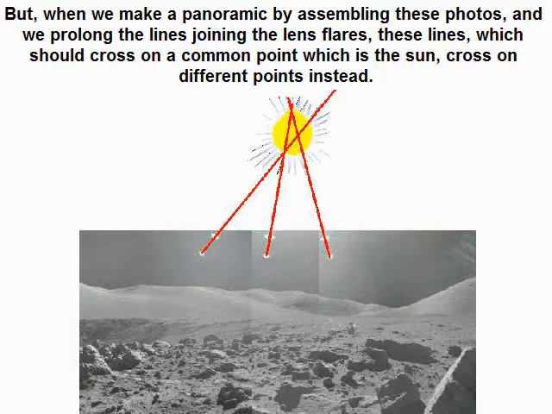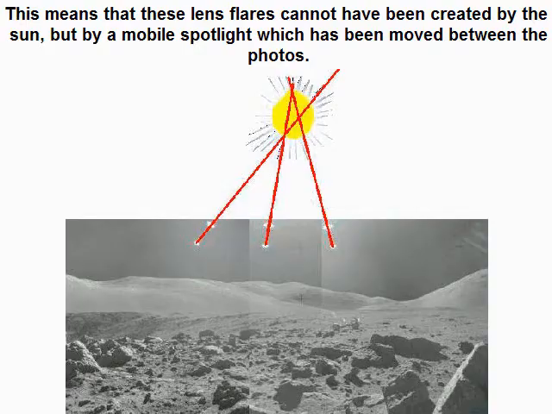But when we make a panoramic by assembling these photos and we prolong the lines joining the lens flares, these lines, which should cross on a common point, which is the sun, cross on different points instead. This means that these lens flares cannot have been created by the sun, but by a mobile spotlight which has been moved between the photos.